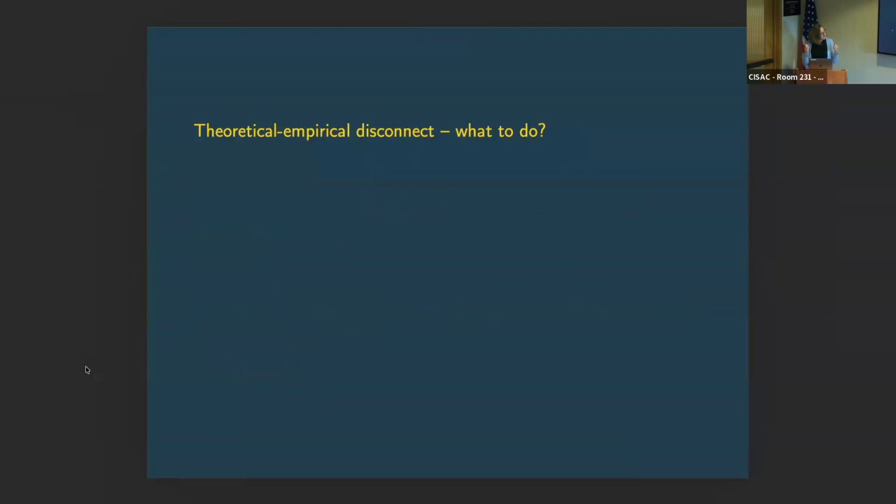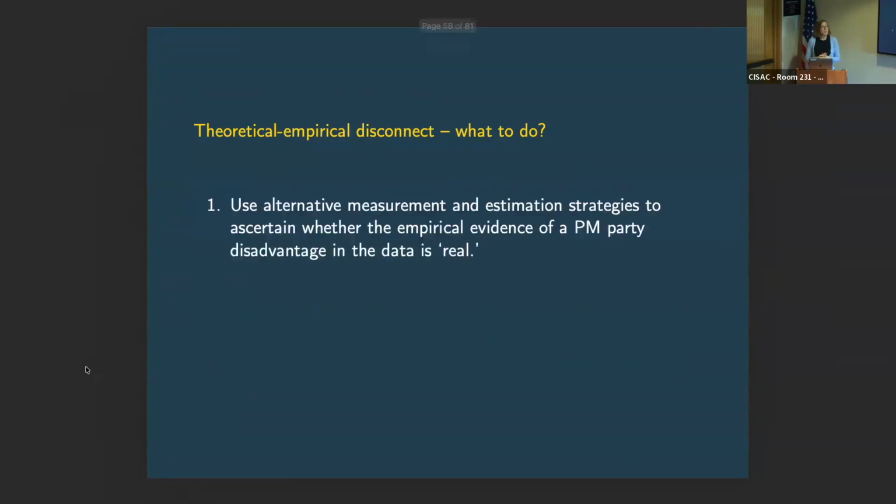It's a strange problem because you have your theoretical models and they seem good, and you have your empirics and they seem solid, and they don't match. And so the question is, what do you do about that? One approach is to look at alternative measurement and estimation strategies, because maybe the empirical evidence that you're finding isn't real. So you could look at, for example, whether some portfolios are worth a lot more than others. And if we take that into account, does that affect the results?